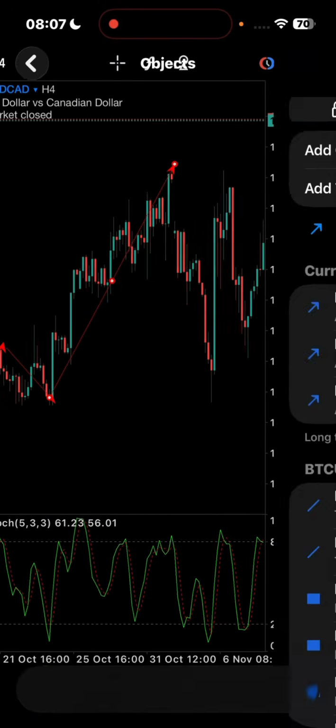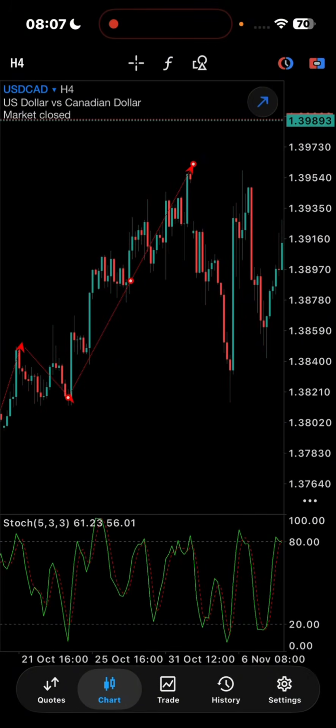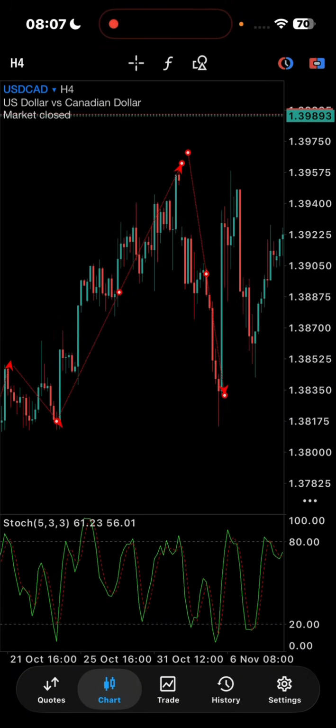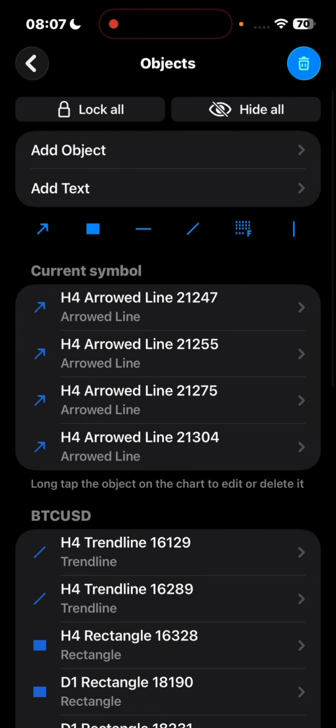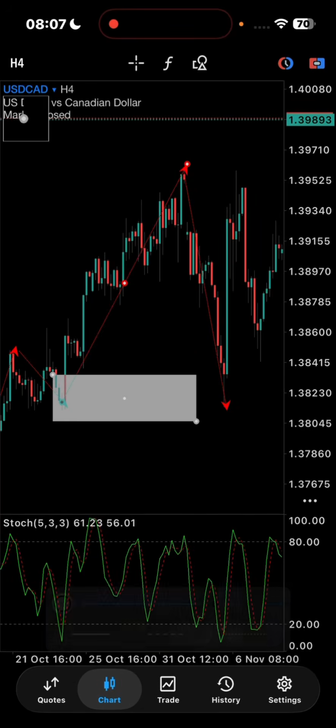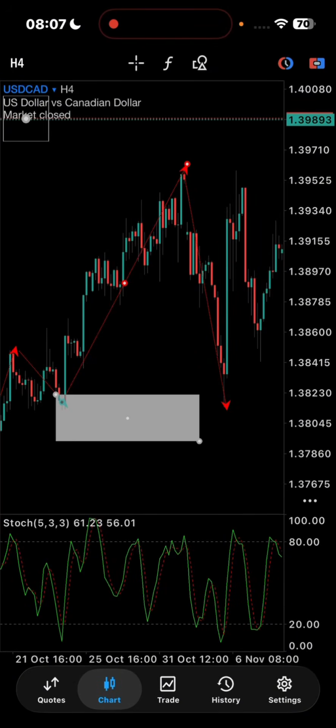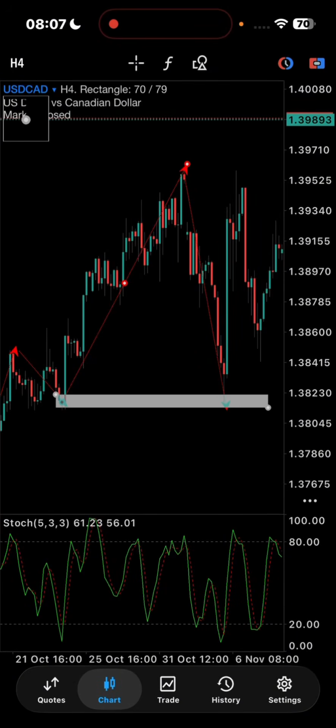So then we wait, in case the market comes back to that level, we'll take our buy from there. And when the market came there, what happened? The market just skyrocketed from there, from the demand area. Look at it.